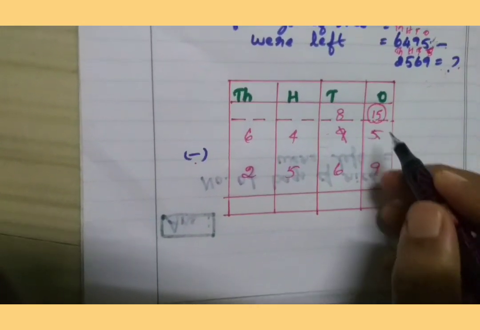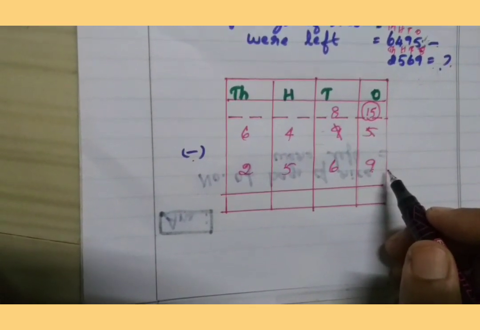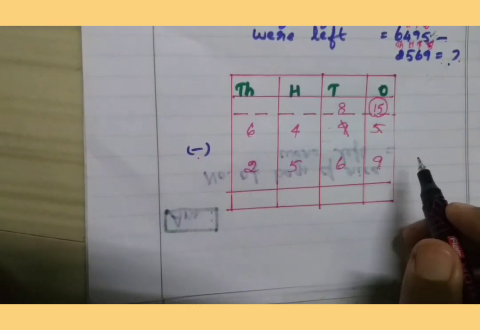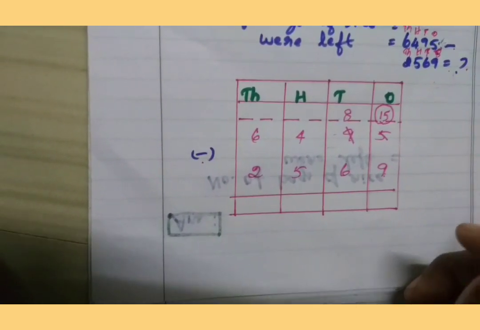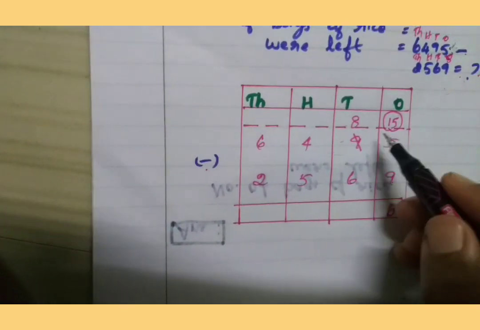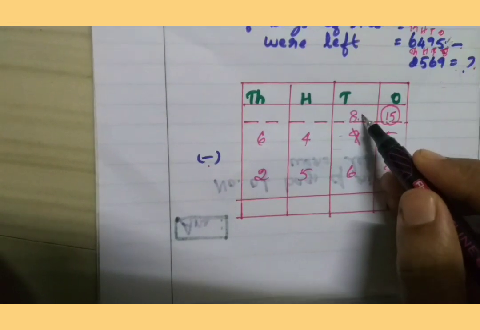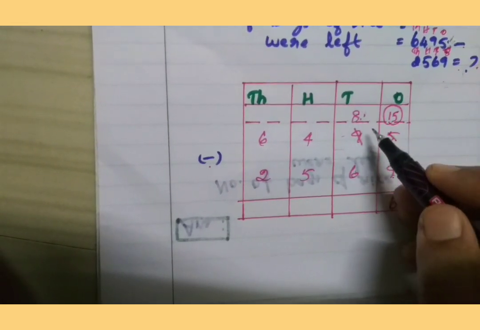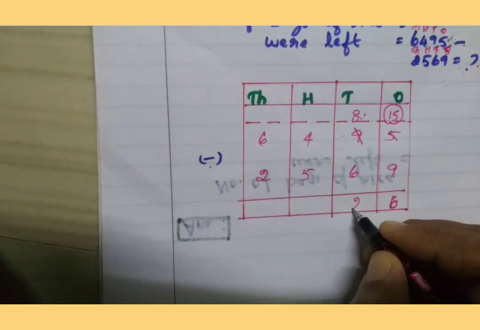So 15 in the mind, 9 in the finger. 15 before: 14, 13, 12, 11, 10, 9, 8, 7, 6. So 6, isn't it? And where is the greatest number? 8. Above means you subtract directly. So 8 minus 6, 2.